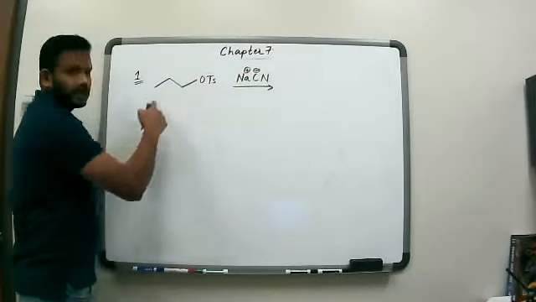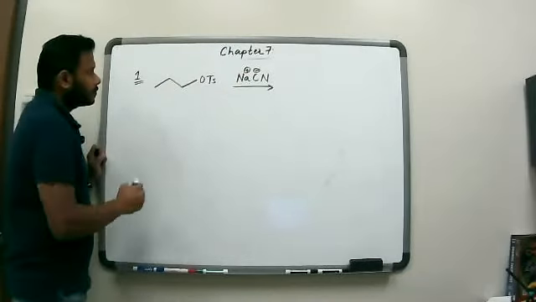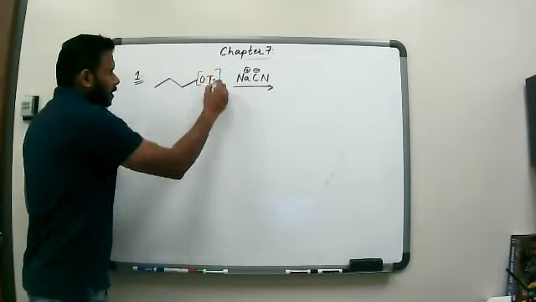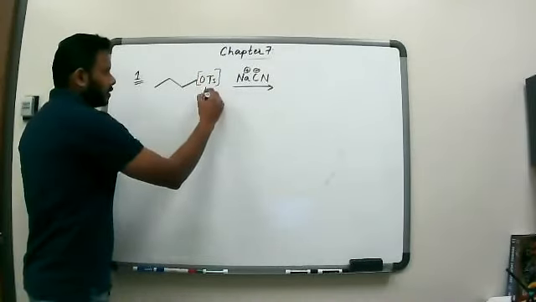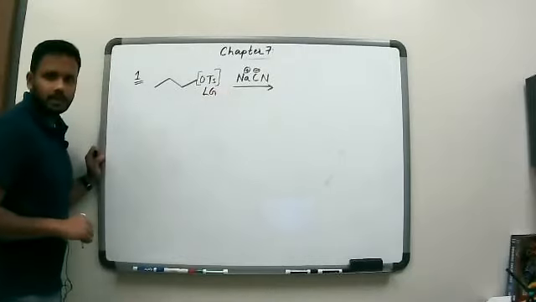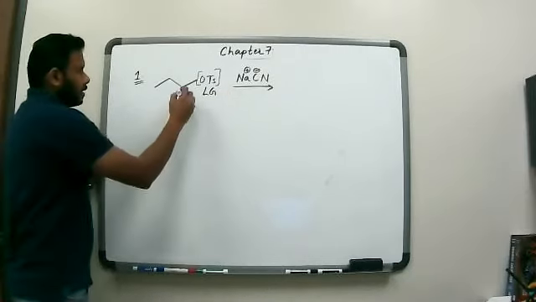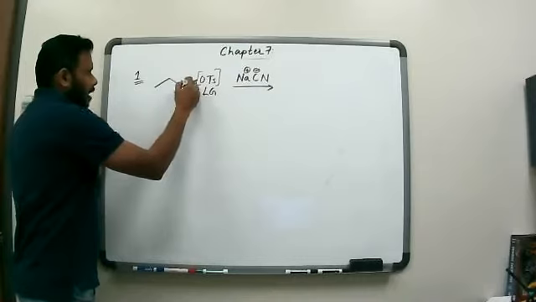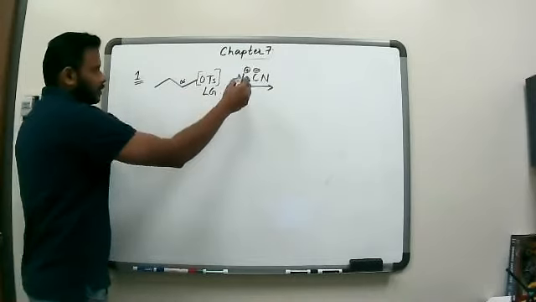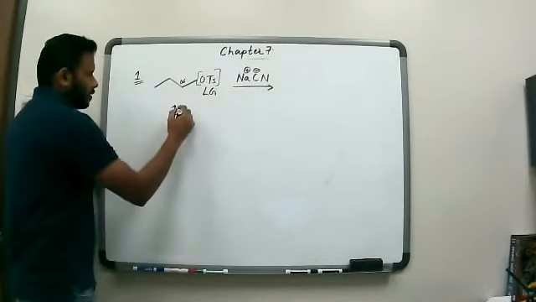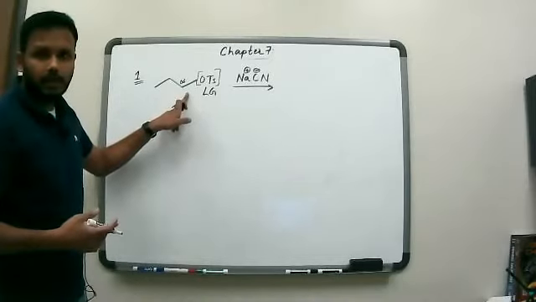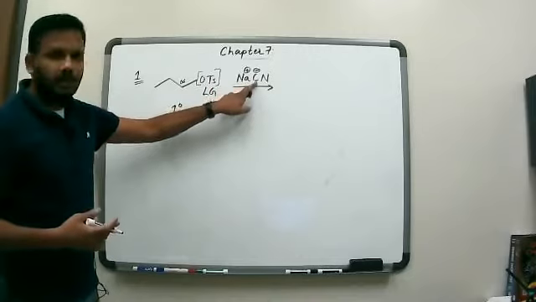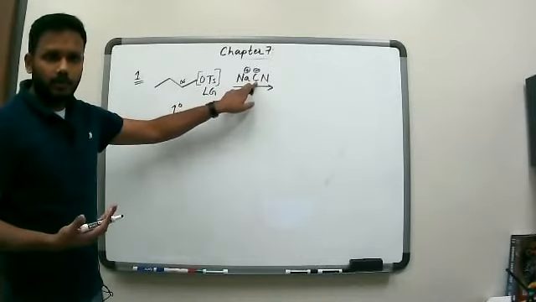So this is a tosyl ester. This tosyl group is a good leaving group. That's our leaving group essentially. And our alpha carbon is this. So essentially what we have is a primary tosyl ester here, and we have sodium cyanide, which is a good nucleophile.